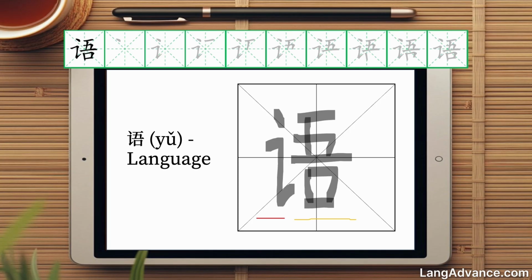Now let us write the radical again, and let us plan the proportion. You can see this part here is a 5 and this one here is a mouth. Now let us break it and write it. Always left to right, and you must not exceed this line over here. Now the second part, which is this line.